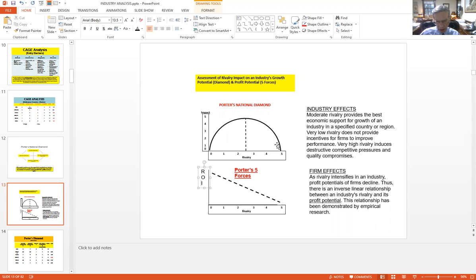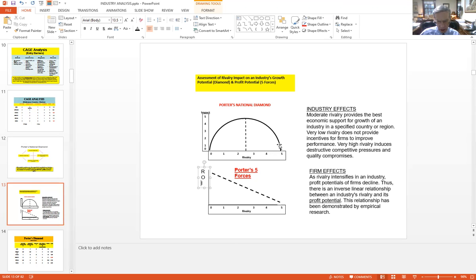When we get all the way to the end of the rivalry continuum, this means there are lots of companies that are fighting each other like dogs fighting over a scrap of meat in the street. This is a feeding frenzy here.